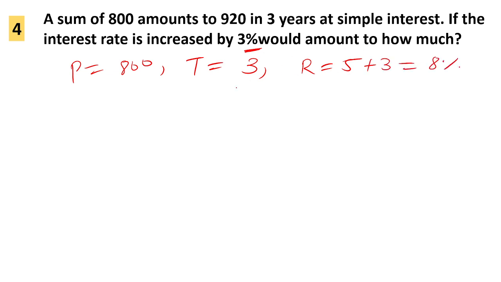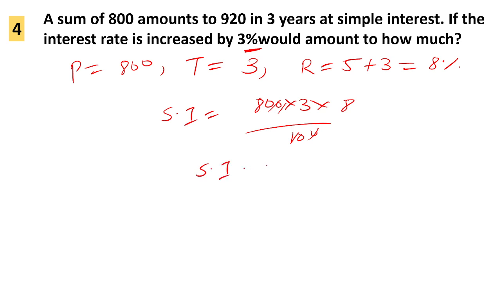So find the amount that we will get. First we have to find the simple interest: 800 into 3 into 8 by 100. Divide this, and the simple interest that we get will be 192. But this is the simple interest. Don't get confused, they are asking for the amount.